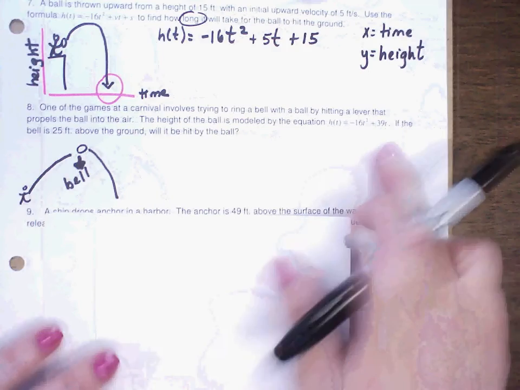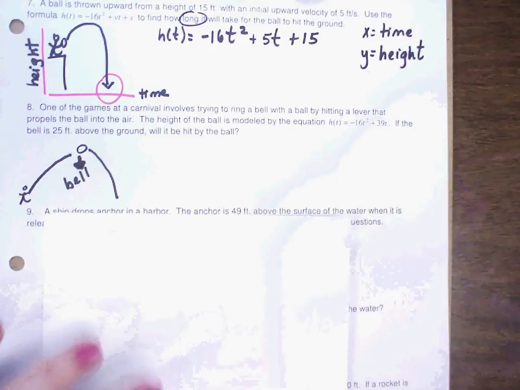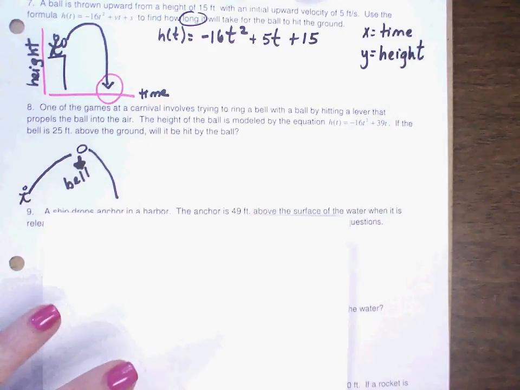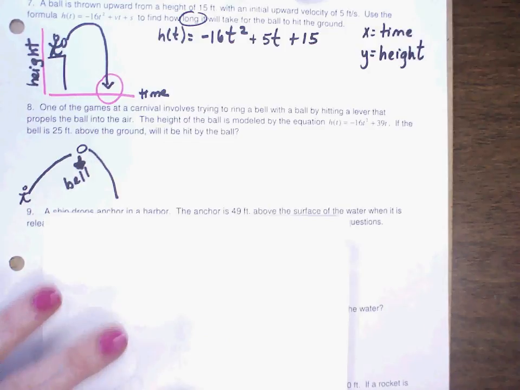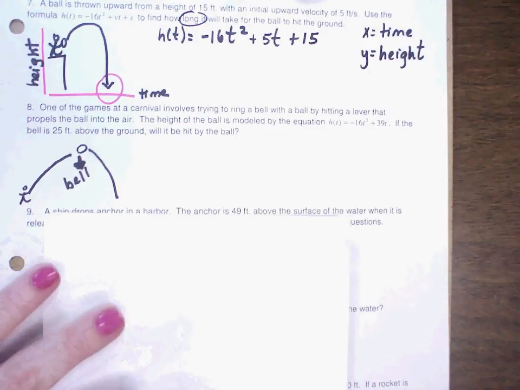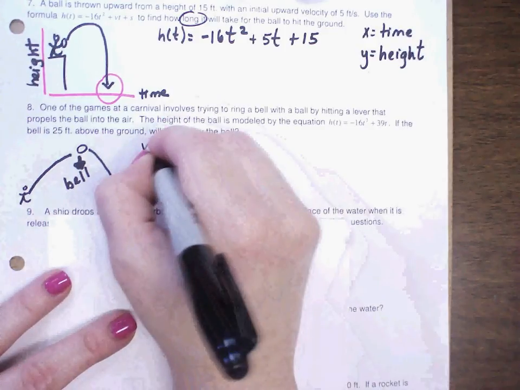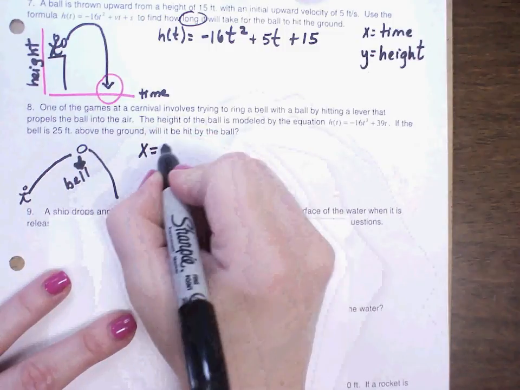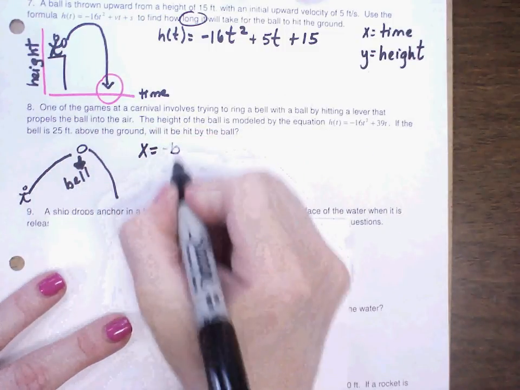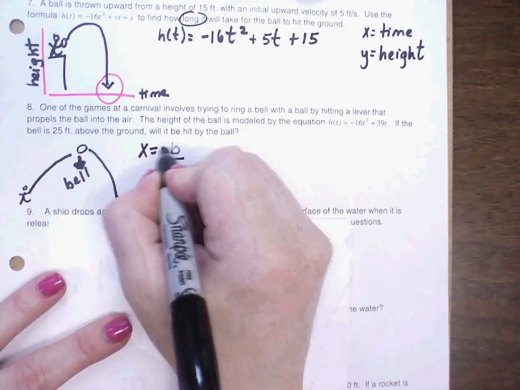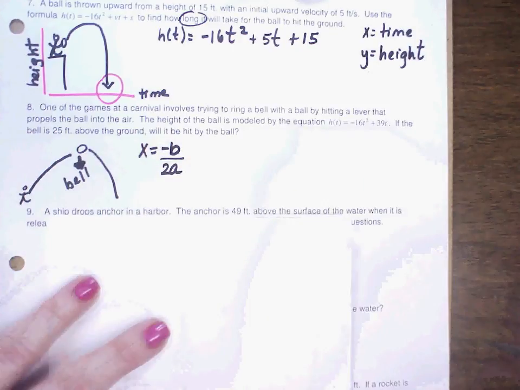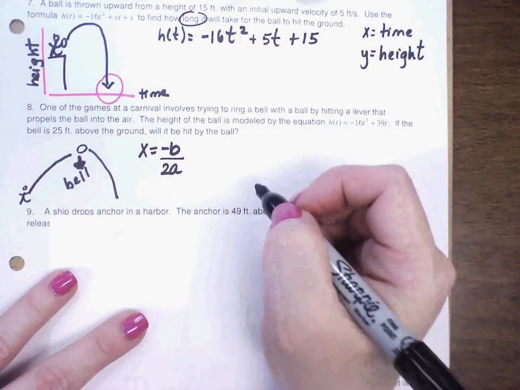Alright. So I'm going to go ahead and calculate the axis of symmetry for this, because the axis of symmetry tells me the maximum height. And I need to figure out if it's going to reach that bell that's 25 feet above the ground. So how do you calculate your axis of symmetry? X equals negative b divided by 2a.